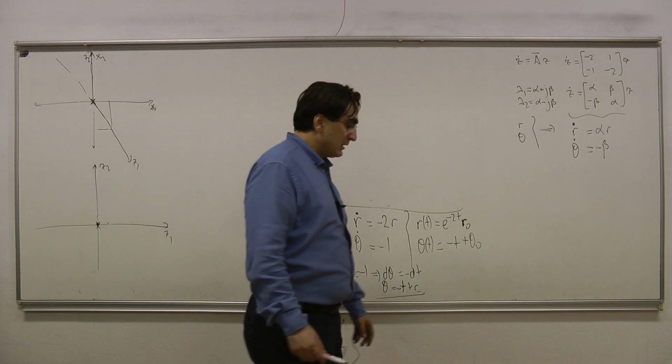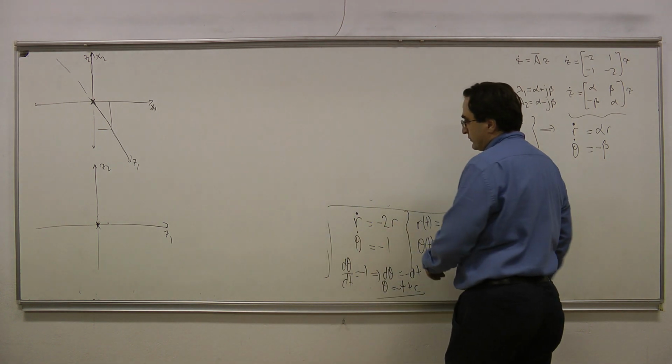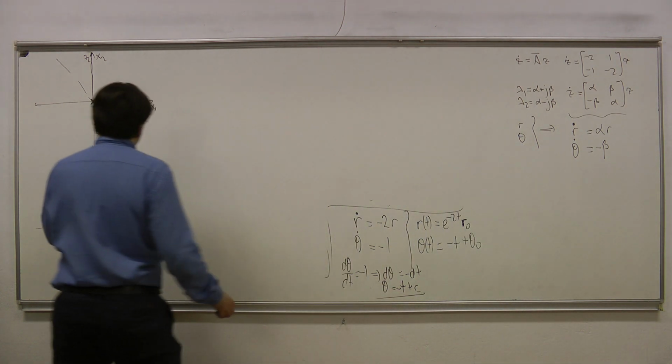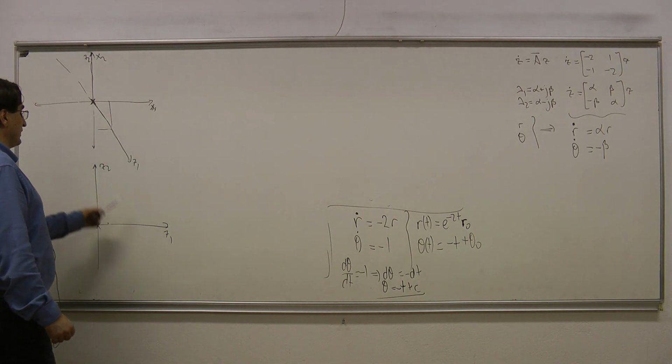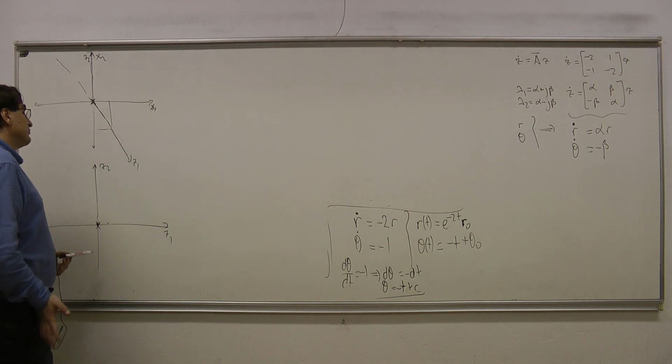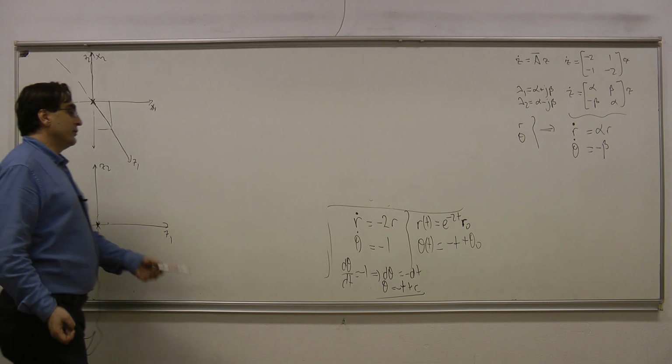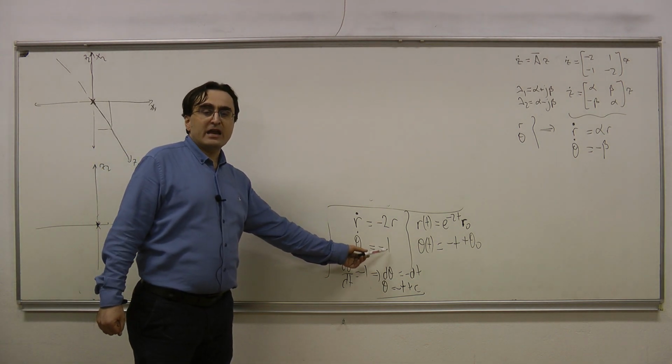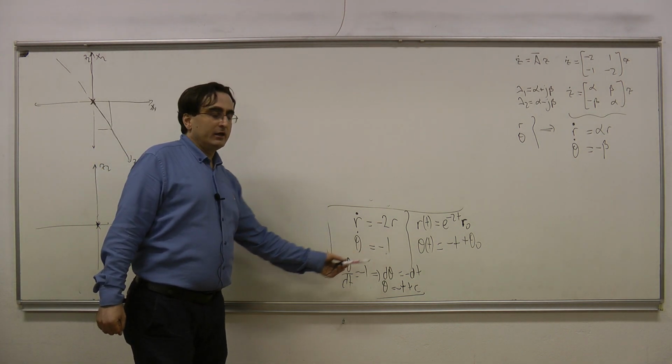Okay? And what about the radius? So I know that theta would be rotating like this. But clockwise or counterclockwise? I know that the angular velocity is negative. Okay?